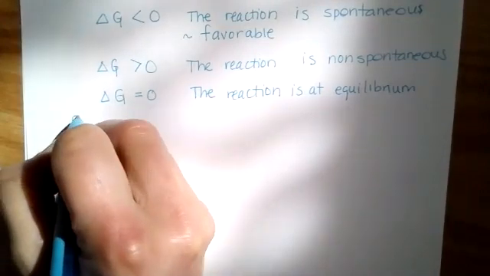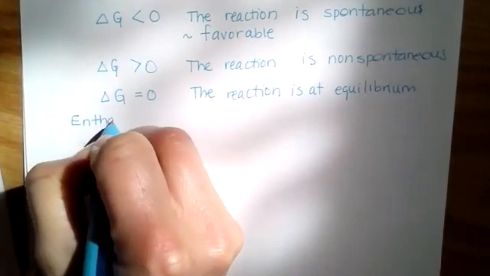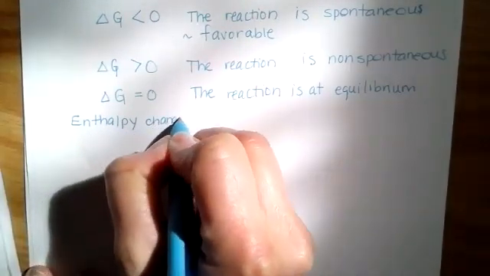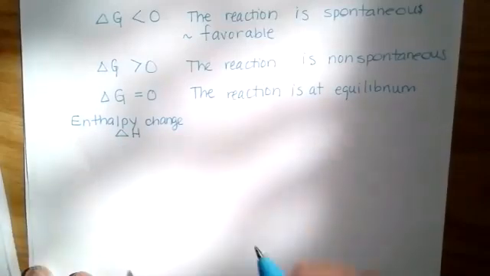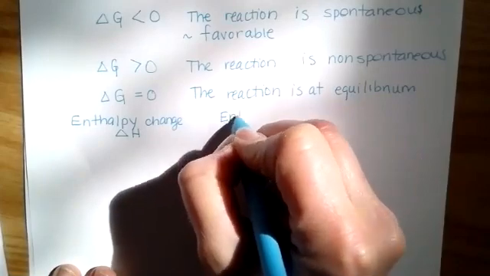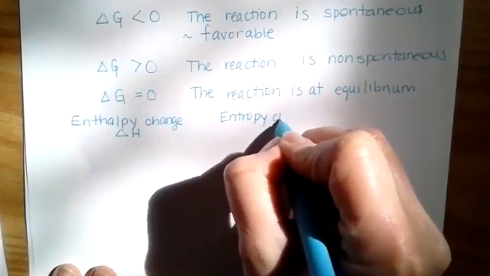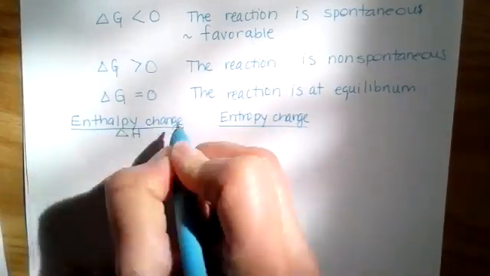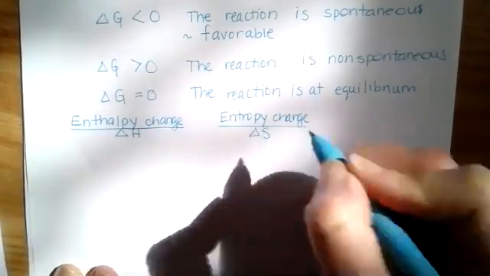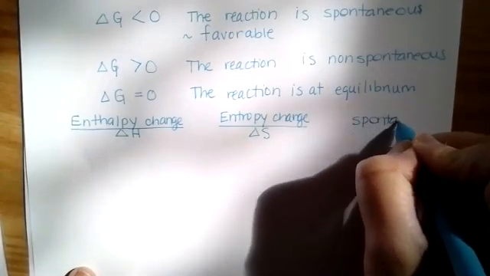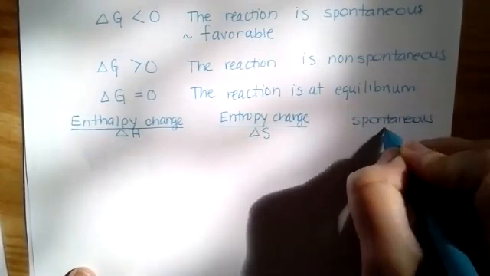I'm going to put enthalpy change, which the symbol is delta H, unit 9, and then entropy change, which is the introduction of what we learned last week, delta S. And let's add to that: is it a spontaneous reaction?